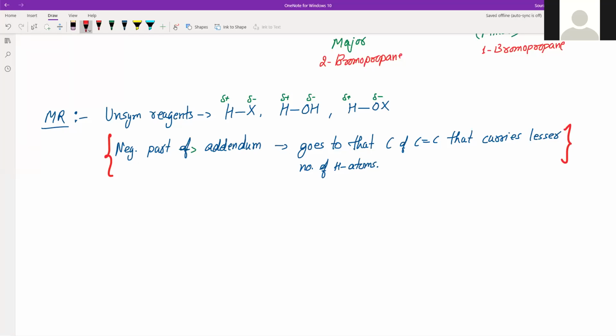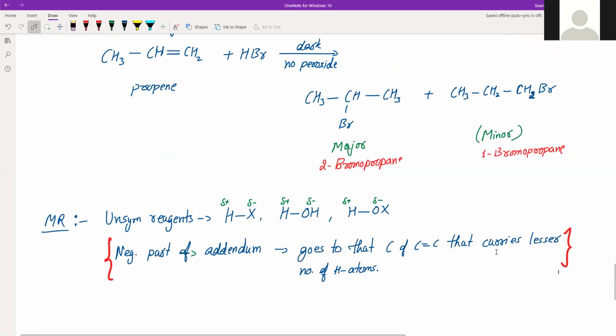Now consider this carefully and move to the example which we have seen above. So we have carbon 1, carbon 2, and carbon 3. Out of these, carbon 2 and carbon 3 are the carbons having the CC double bond. Out of these two carbons, C2 and C3, it is C2 which has less number of hydrogen. Now coming to the negative part of the reagent, for example here Br.